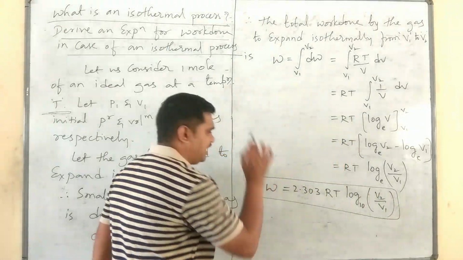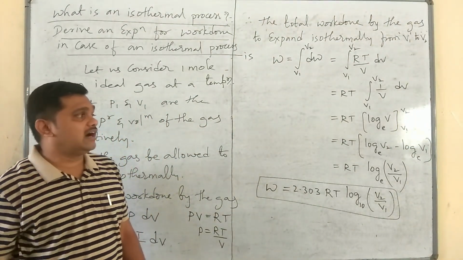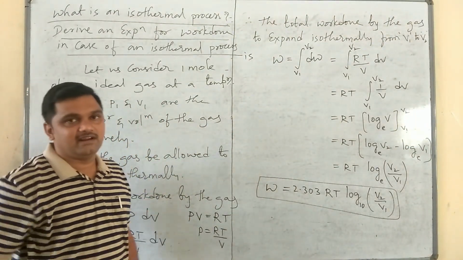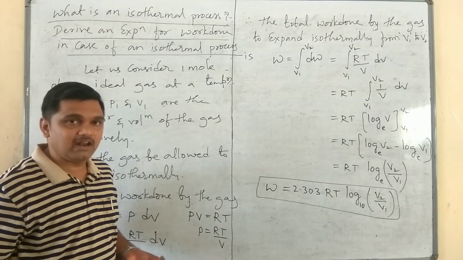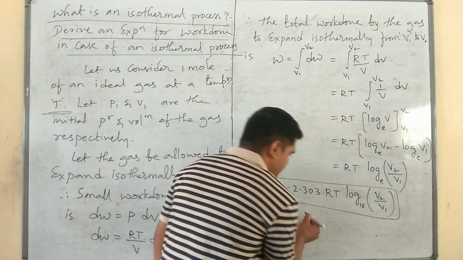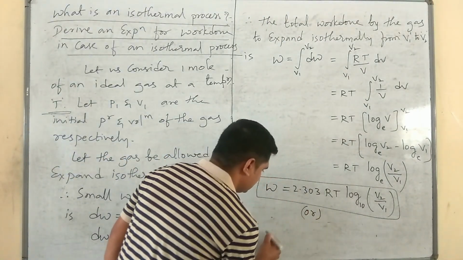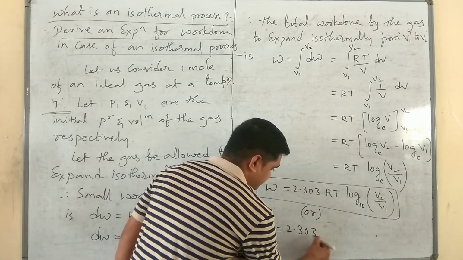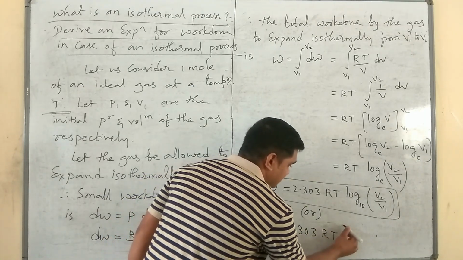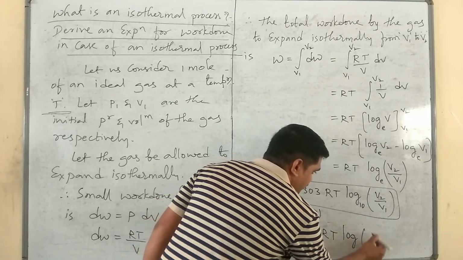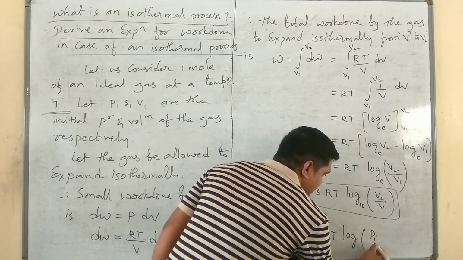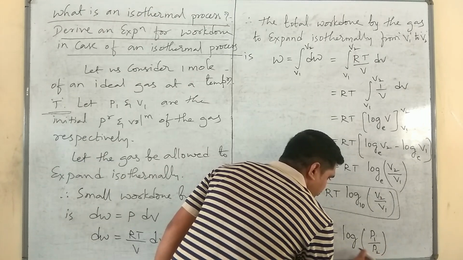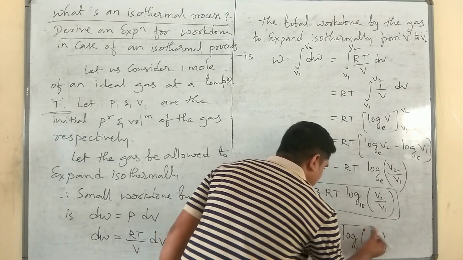This is the expression for the amount of work done during an isothermal process. Otherwise, you can also write this as W is equal to 2.303 RT log P1 by P2 to the base 10.